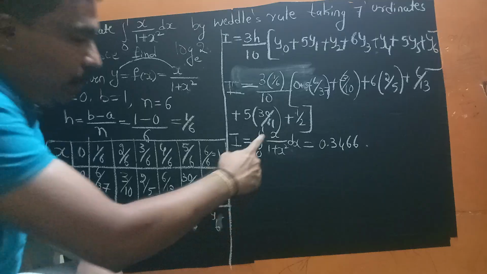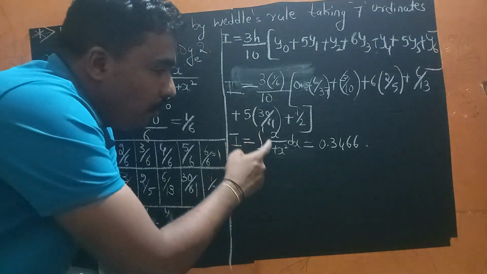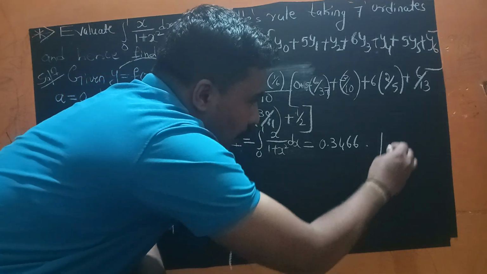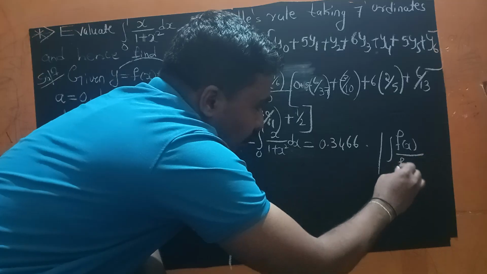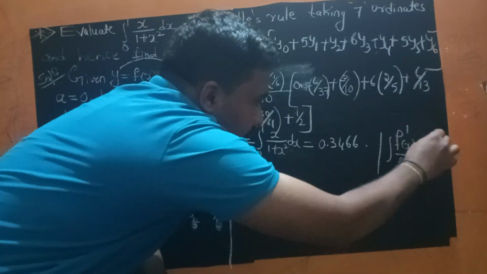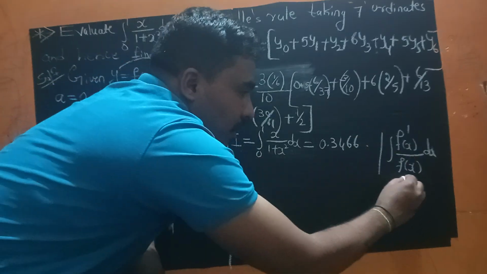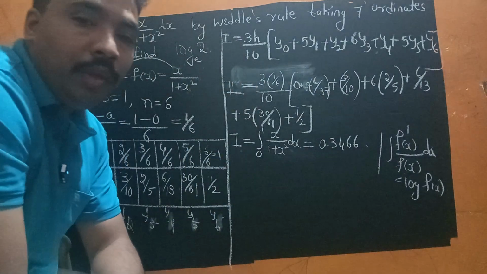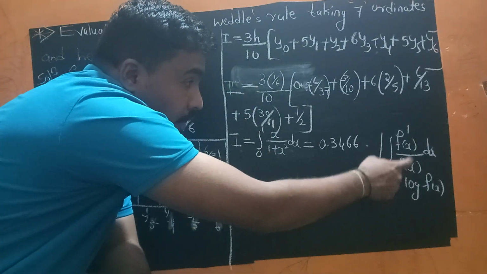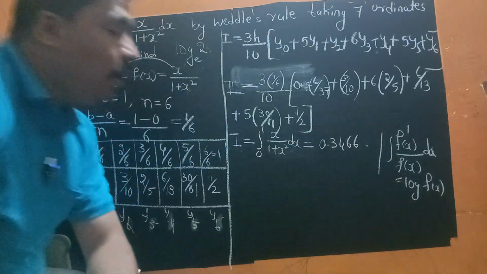Now to solve this, you have to remember the property, because there is no standard formula for this. The property is: if the derivative of the denominator comes in the numerator, the answer is the log of the denominator.